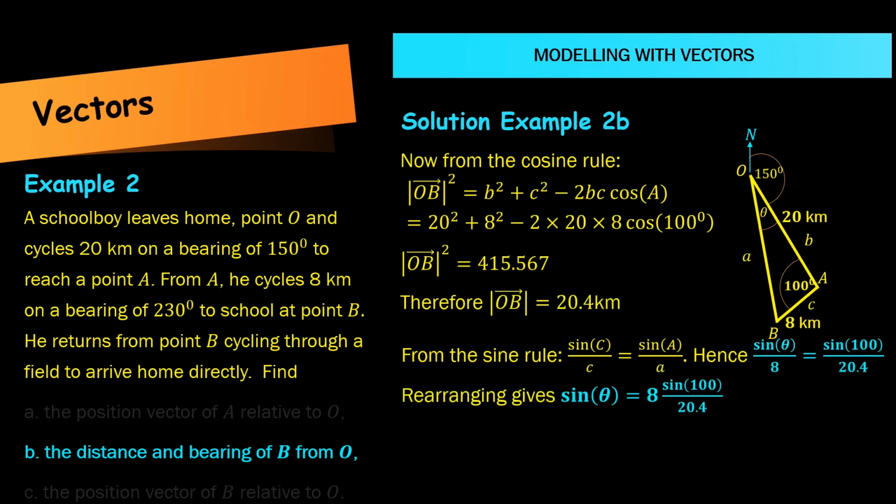And so tidying up and rearranging gives us sine theta equals 8 times sine 100 over 20.4, which is equal to 0.386.